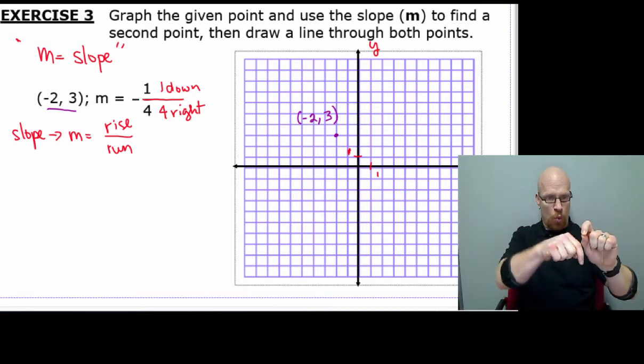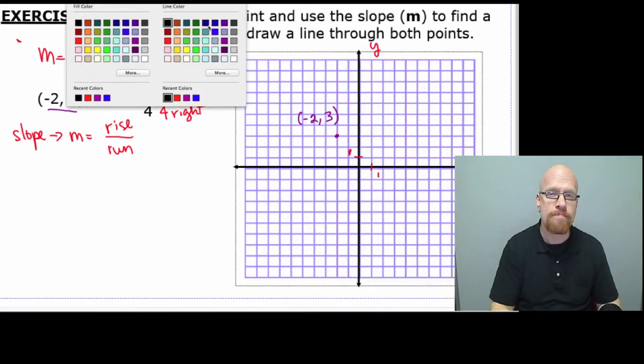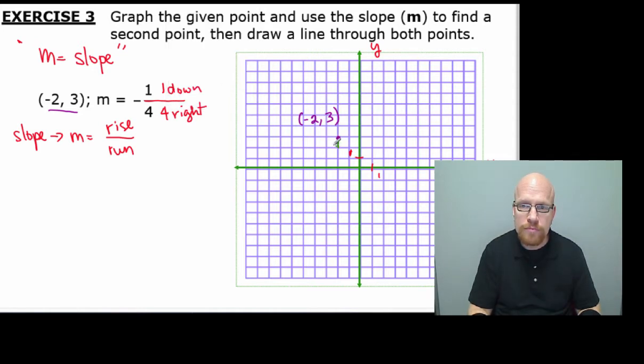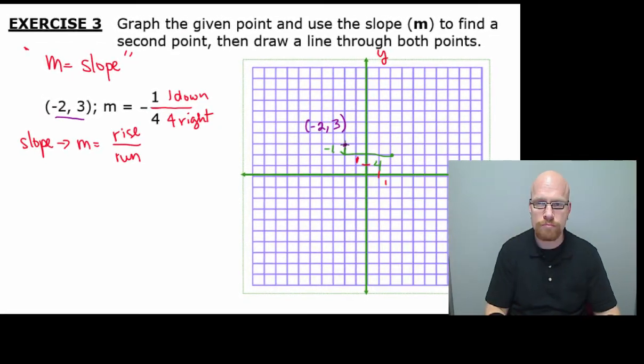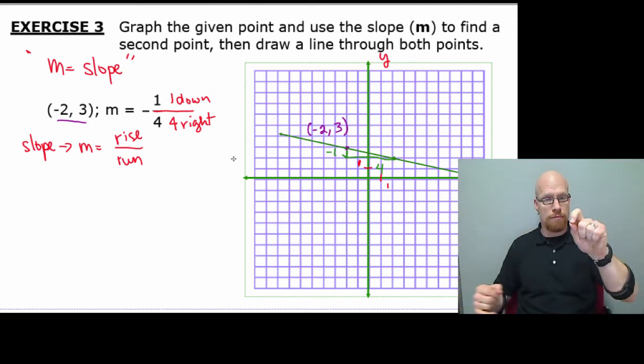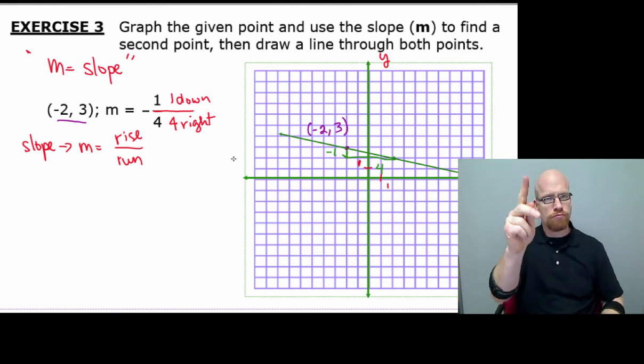We're going to go down 1 and right 4. Okay, the line now goes from -2, 3 and proceeds to go down. And that's that line.